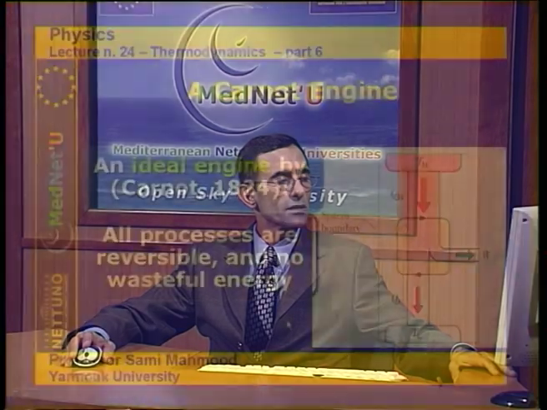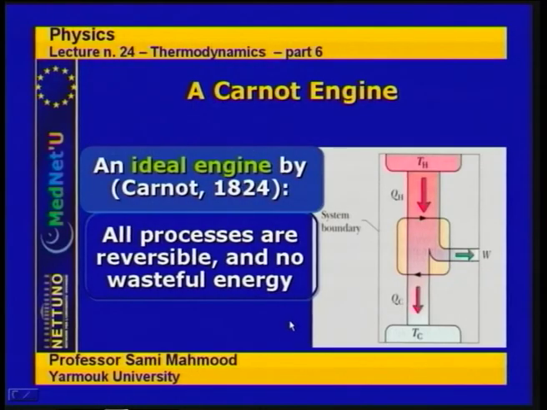And as we mentioned, this is an ideal engine, and in an ideal engine we assume that all processes are reversible, in the sense that there are no dissipative forces. We don't have wasteful energy. We don't waste energy in the process.